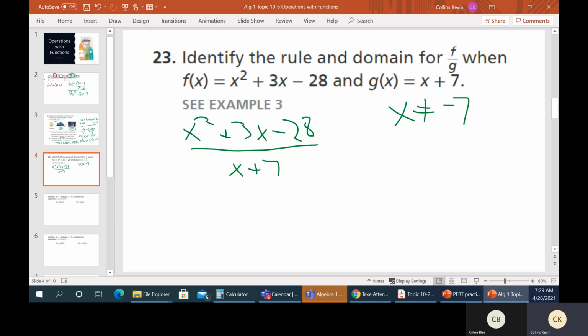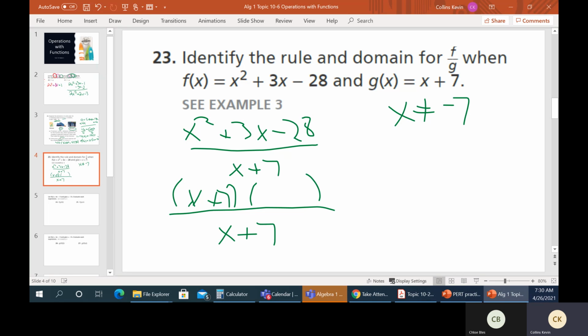So let me show you a useful little hack for this. So the bottom is going to be x plus 7, right? Now, we're assuming that they want to be able to cancel that guy out, right? So let's say that one of our factors up here is x plus 7. Okay. How do we figure out the other guy?